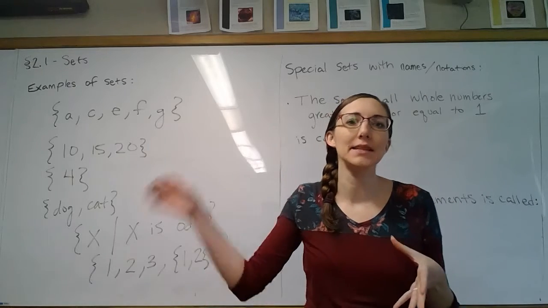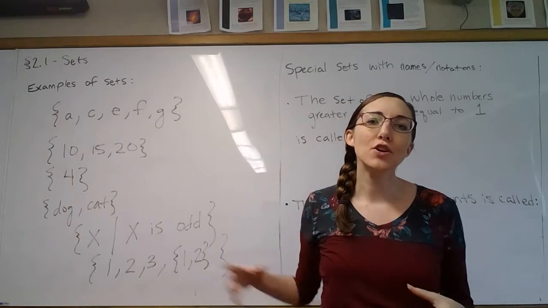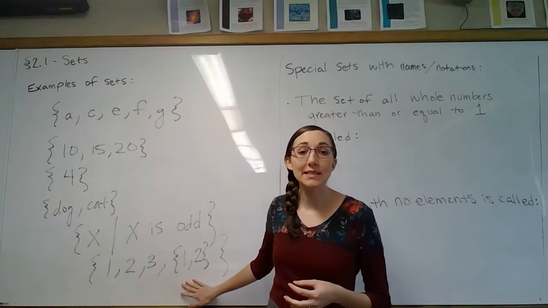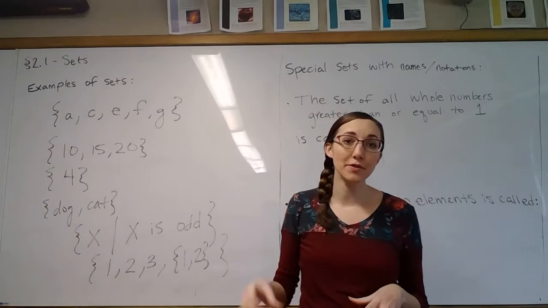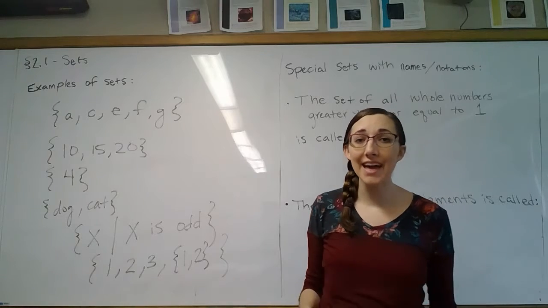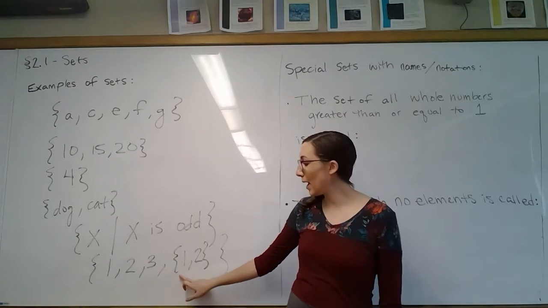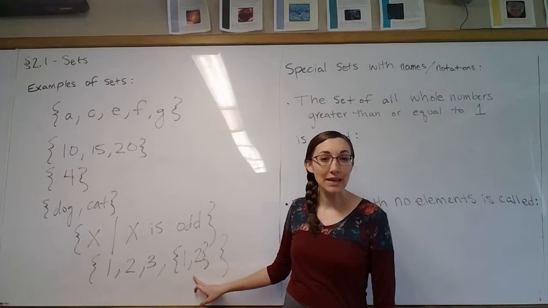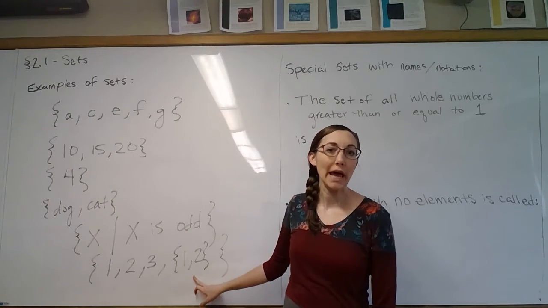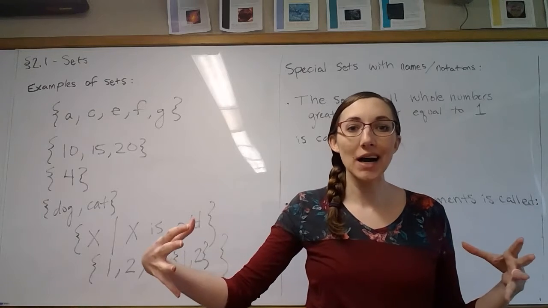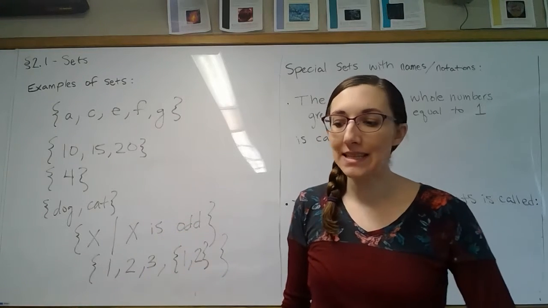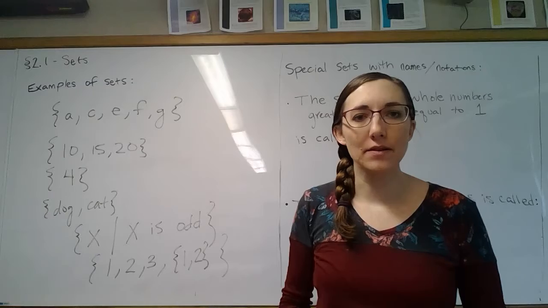So it's like a box that I've put stuff into. What this one would look like is inside of this box, there's the number 1, there's the number 2, there's the number 3, and then also inside of that box is another box that contains the numbers 1 and 2. So you can have sort of nested boxes. You can have nested sets. We'll talk about that a little more later.